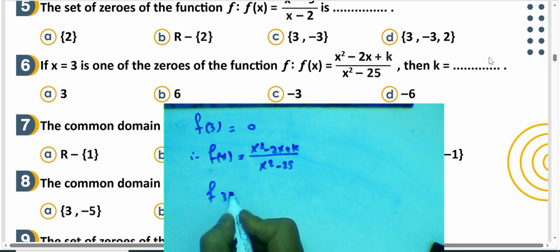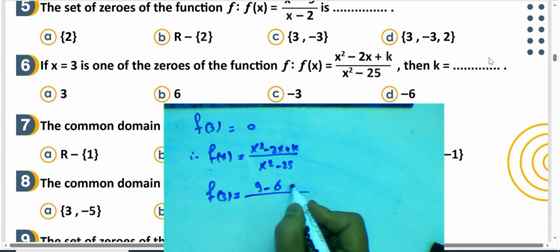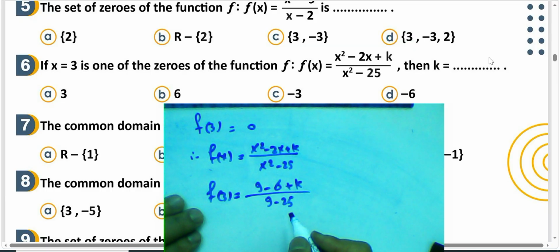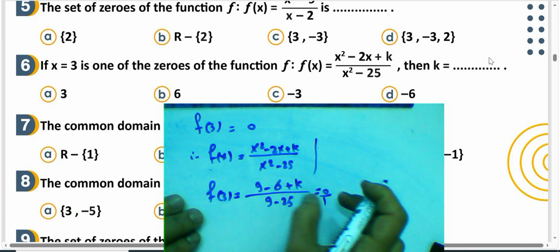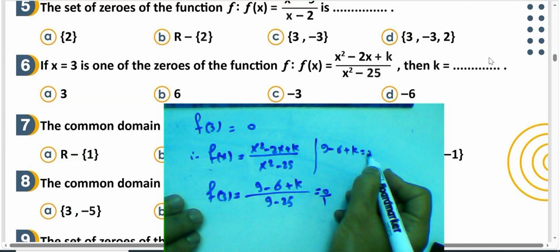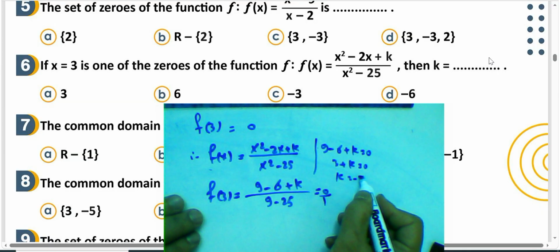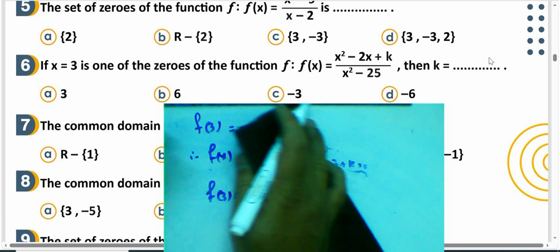Then f of 3 is (3 power 2, which is 9, minus 2 times 3, which is 6, plus k) over (3 power 2, which is 9, minus 25), and this equals 0. Then the numerator equals 0, so 9 minus 6 plus k equals 0. 9 minus 6 is 3, then 3 plus k equals 0. Then the value of k will be negative 3. Choose letter C.